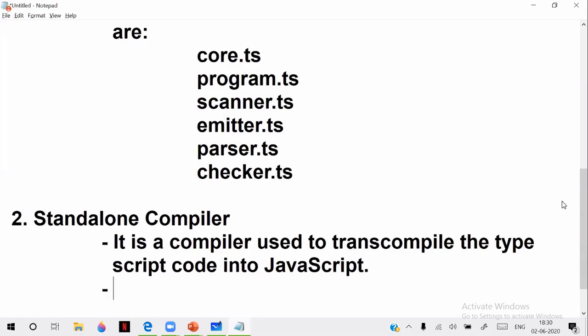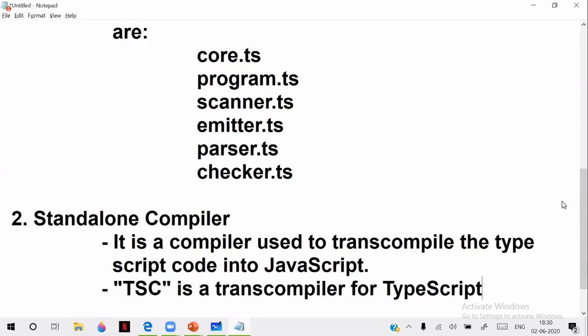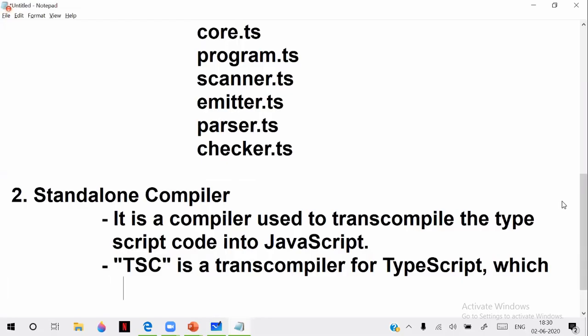That means TSC is a transcompiler for TypeScript, which you can simply say generates a JavaScript file.